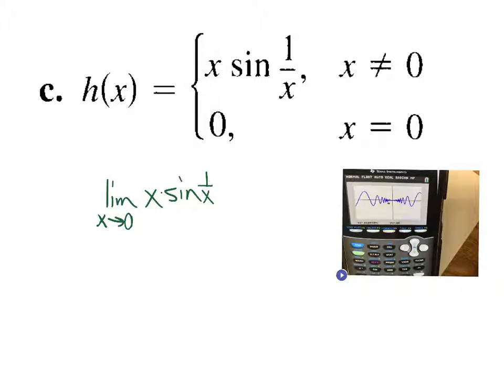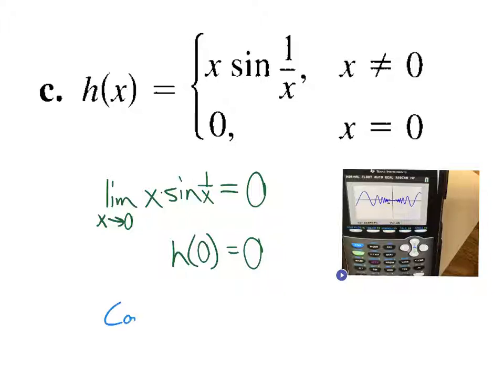So, the limit as x approaches 0 of x times sine of 1 over x equals 0. What is h of 0? 0. So, where is this continuous? All real numbers.